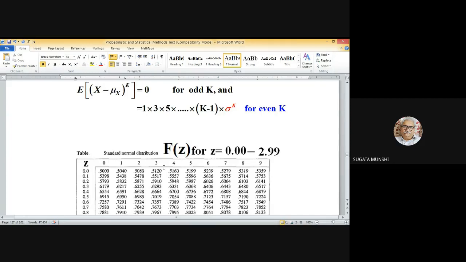Why it is up to 2.99, or you may say 3, you can well understand. That's why we introduce this concept of 6 sigma. The probability of z being greater than 3 or less than minus 3, that is very rare.